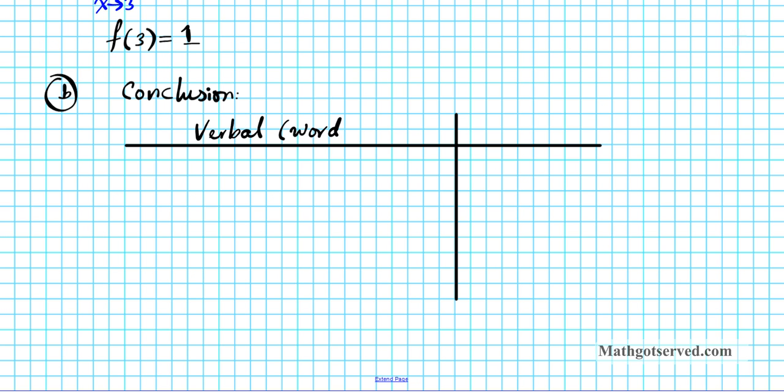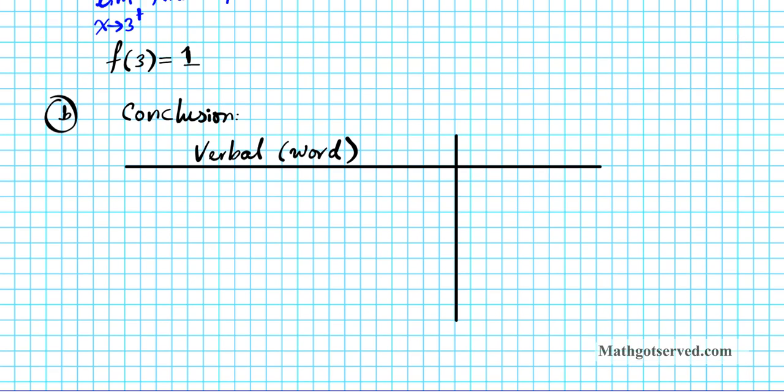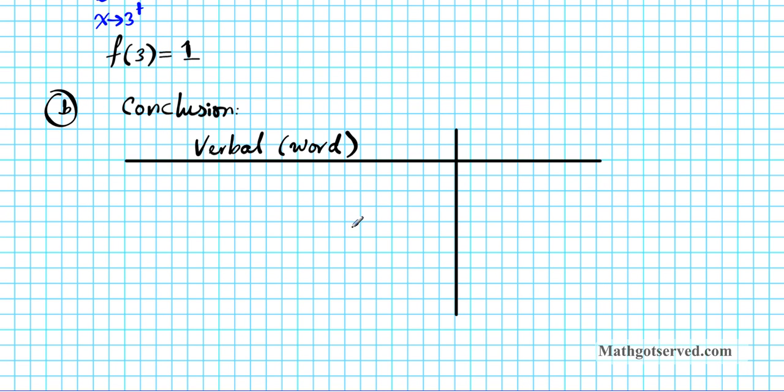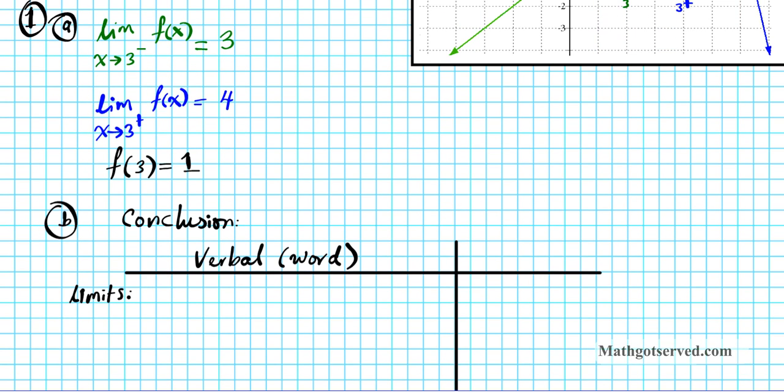So we're going to make a conclusion based on two things. The first one is limits, and then the second one is continuity. Okay, so concerning limits, what does this result that we have here tell us about the limit of this function as x approaches 3?